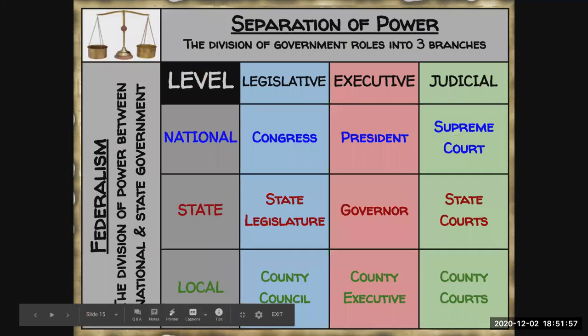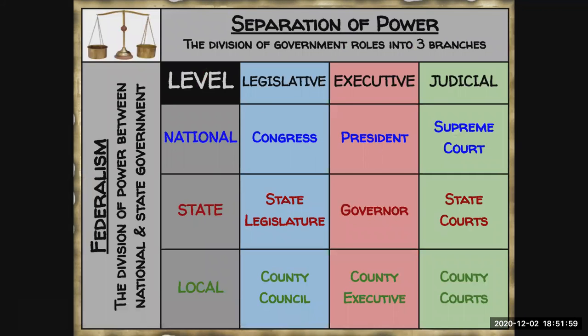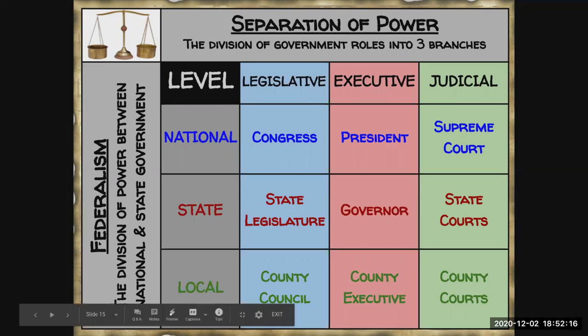So just to give you a visual of how the separation of powers and federalism work, okay? Up here, this part of the graphic shows the separation of power. The government is divided into three branches. And then over here, we show how federalism divides power between national and state governments.